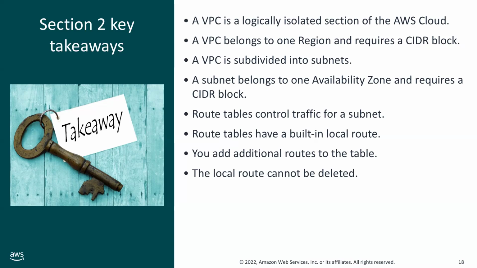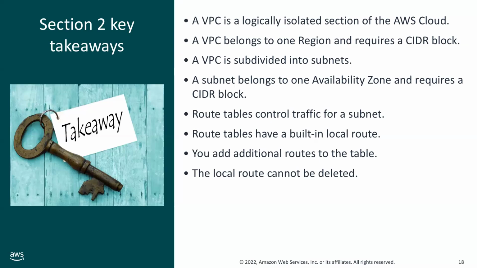We can have as many subnets as our IP range allows. We do that to better organize our resources, like into private, public, and many other things. A subnet belongs to one availability zone. So it's an availability-zone-level thing, right? And it requires a CIDR block.